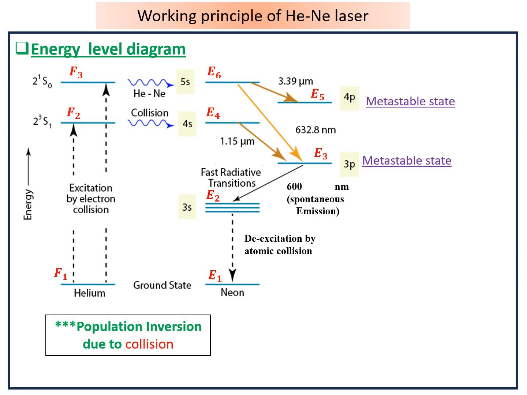That means the helium atoms are lighter than the neon atoms. As a result, some atoms of helium are raised by electron collision to the metastable states F2 and F3. The number of excited atoms gradually builds up as no radiative transition to the lower state is possible.